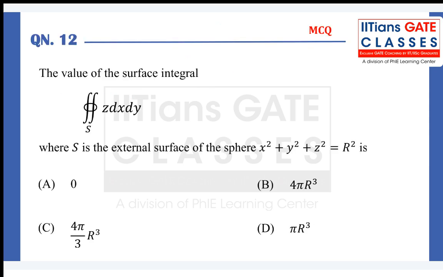Now let's go to the next question. In the next question, basically you need to find a surface integral for a closed surface denoted by S, and S is nothing but the external surface of the sphere, which is given by the equation x square plus y square plus z square equal to r square.